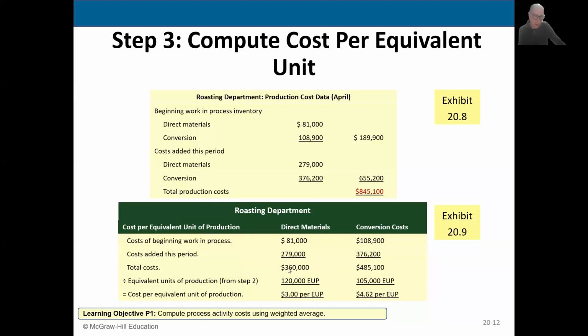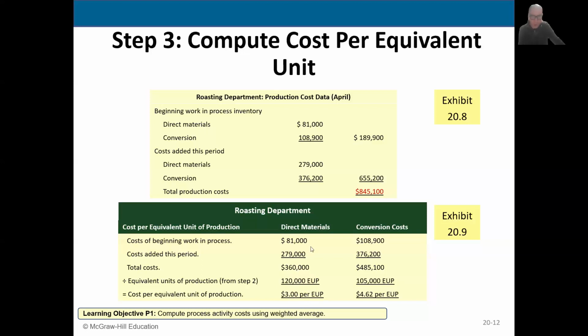We divide this total cost by the equivalent units of production to get the equivalent cost per unit of production. For direct materials, we took the $360,000 of total cost divided by equivalent units of production for direct materials, which equals $3 per unit.